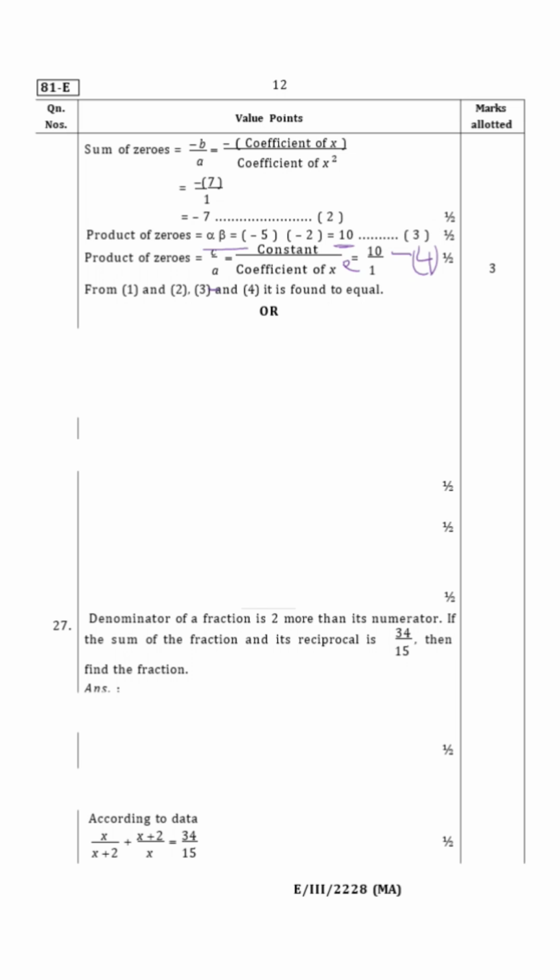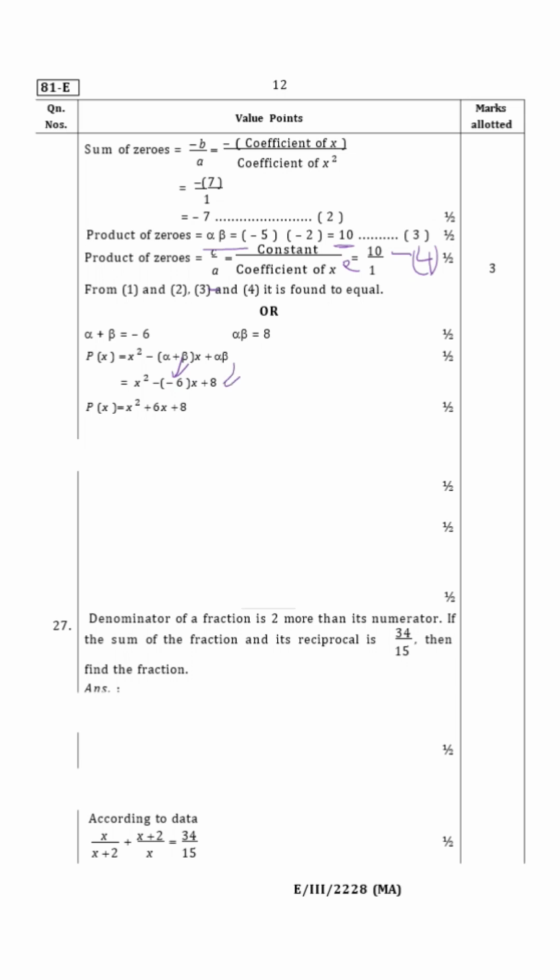Now let us solve the OR question. We are given that alpha plus beta, means sum of zeros, is negative of 6, alpha into beta is 8. So the equation of polynomial is p of x is equal to x square minus alpha plus beta into x plus alpha into beta. Here alpha plus beta is equal to negative of 6, alpha into beta is 8.